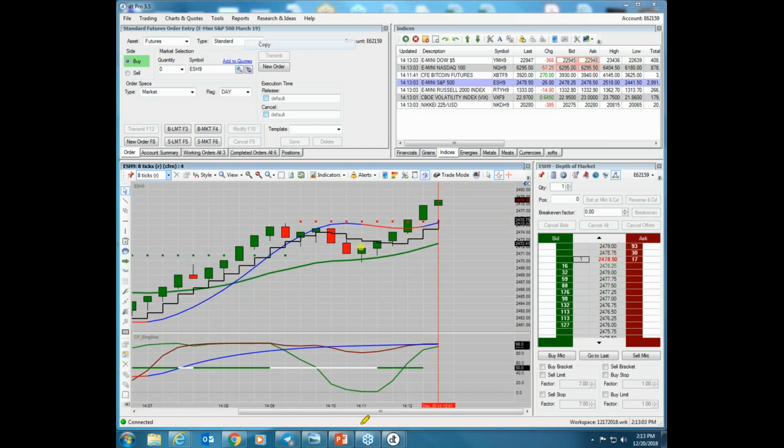If that's where you got long, you are closing out that trade right now. Why? Because the green line is in the cycle, and we expect what to happen? The green line to pull away again, and reset it. That's what we expect to happen. That's the normal.